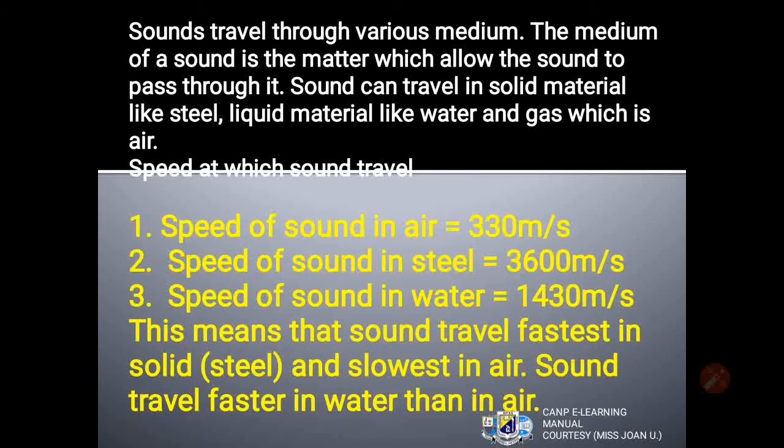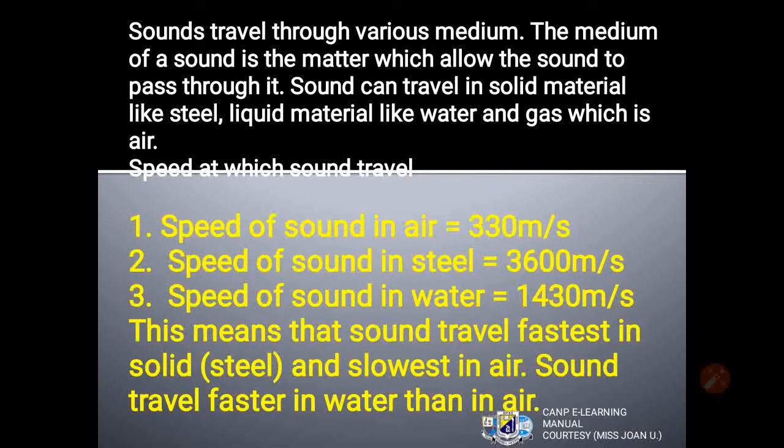The speed of sound in air is 330 meters per second. So what this means is that when we talk, the sound travels as far as 330 meters in 1 second. The speed of sound in steel is 3,600 meters per second.